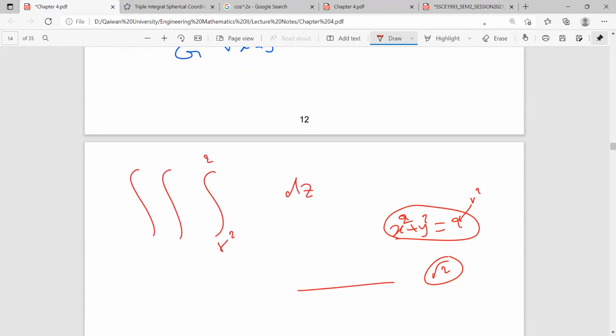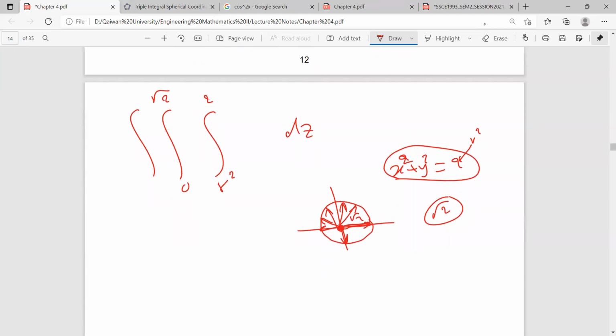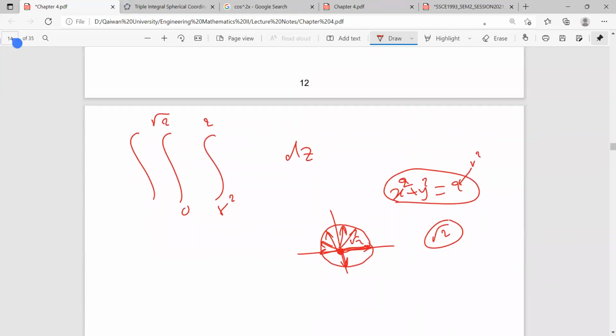As you see, it's a circle of radius square root of 2. That means r is from 0 to square root of 2 from all sides. And then for finding theta, as you see here, this goes from 0 to 2 pi.